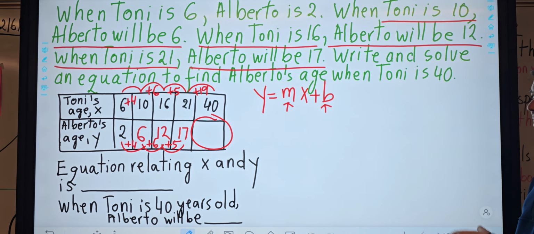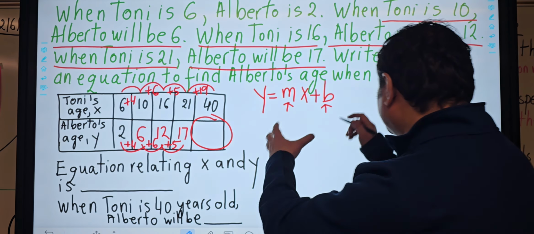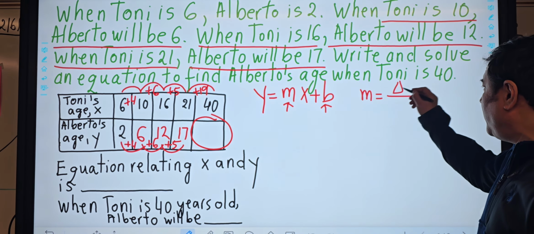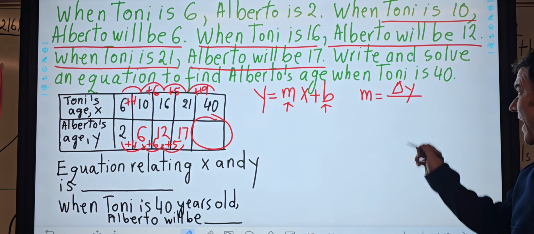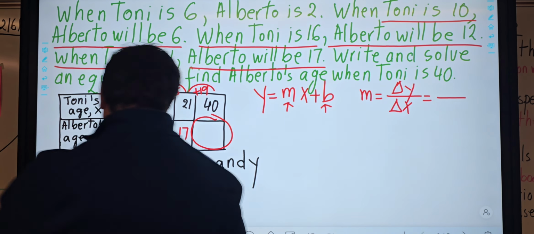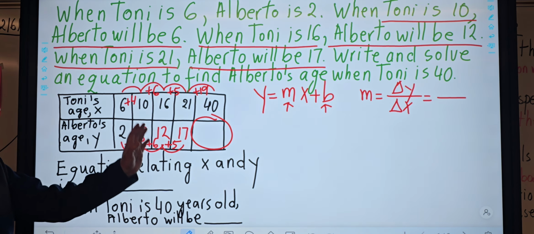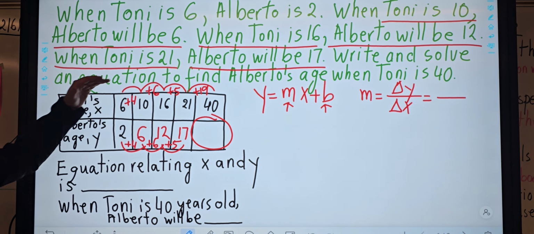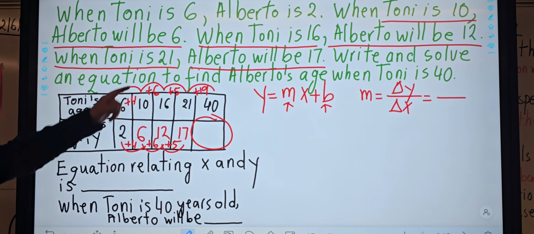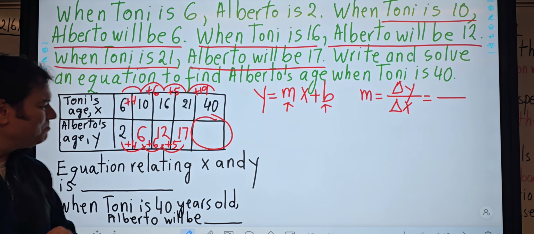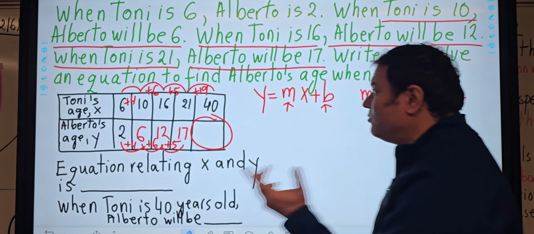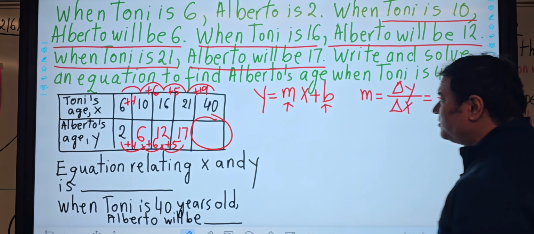So let's take a look at the pattern here first. Remember, the slope, or the m, equals the change in y, delta y, over the change in x, delta x. The numbers are not the same, so we divide the y by the x each time and see if we get the same result. 4 divided by 4 is 1. 6 divided by 6 is 1. 5 divided by 5 is 1.